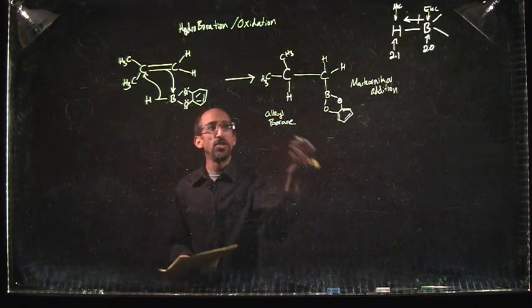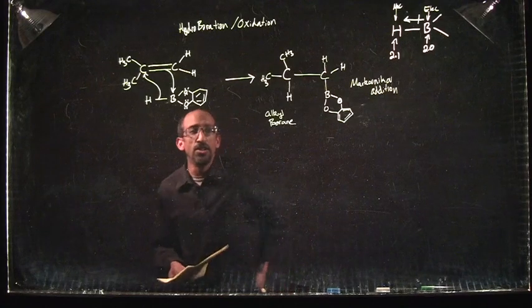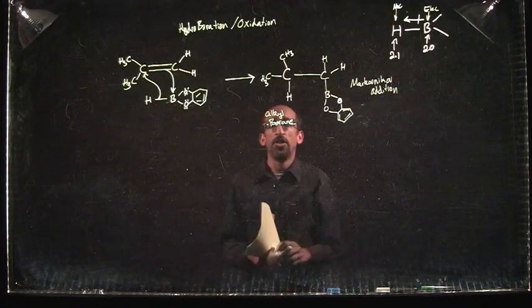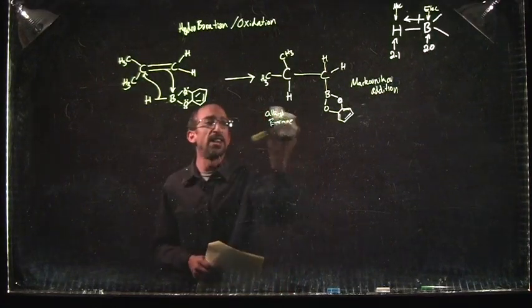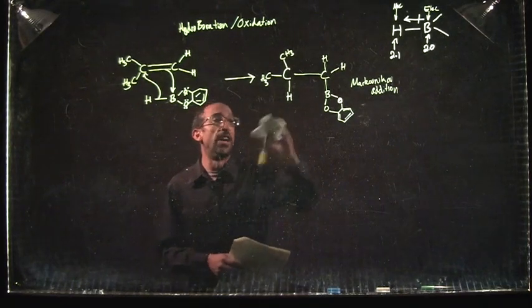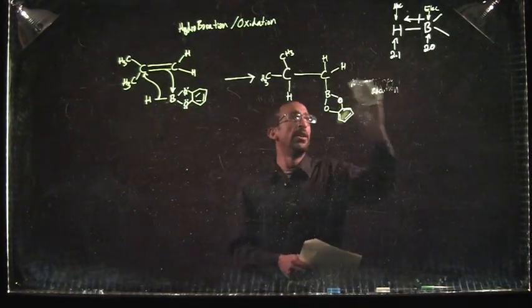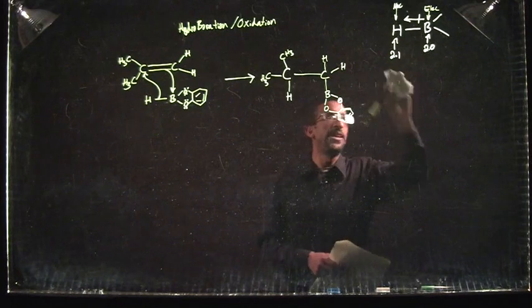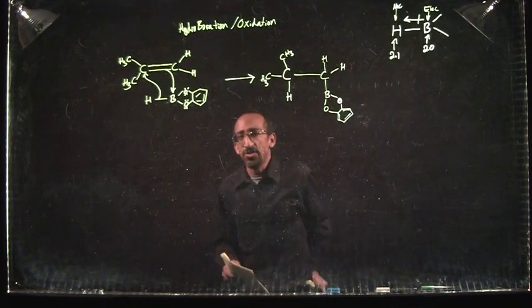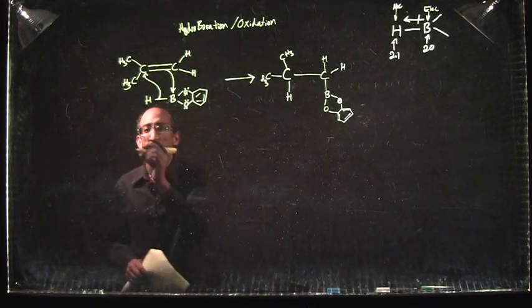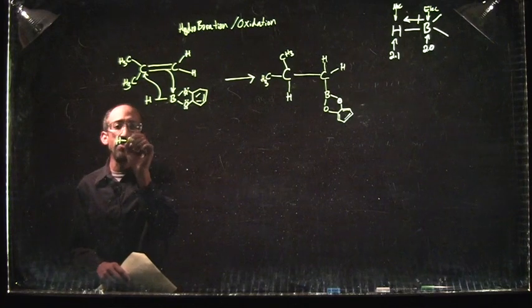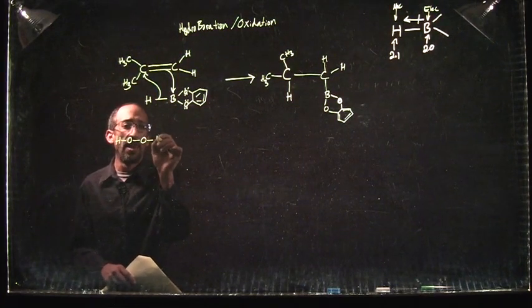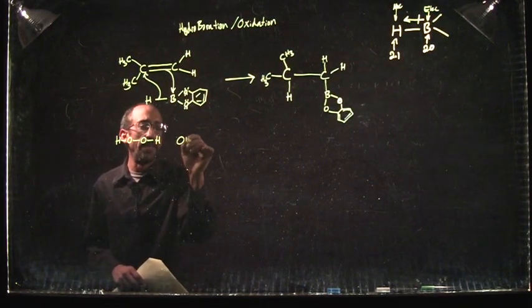From here, to do this oxidation, we need to use two more reagents, hydrogen peroxide and sodium hydroxide. So I'm going to just clean up some space here, and let's just start off with what happens when we mix hydrogen peroxide with sodium hydroxide.